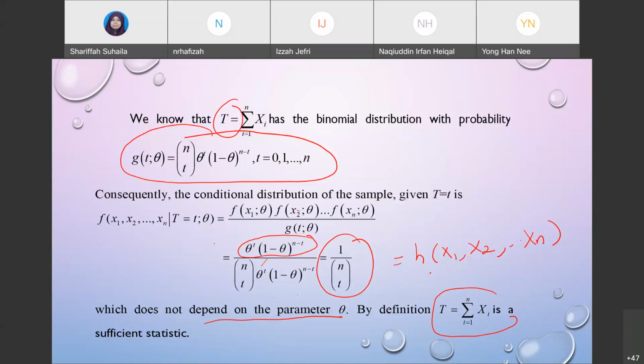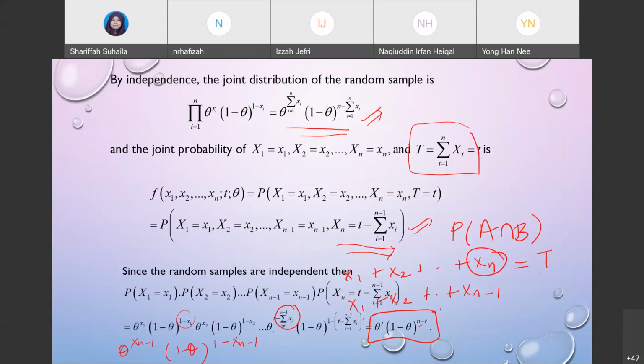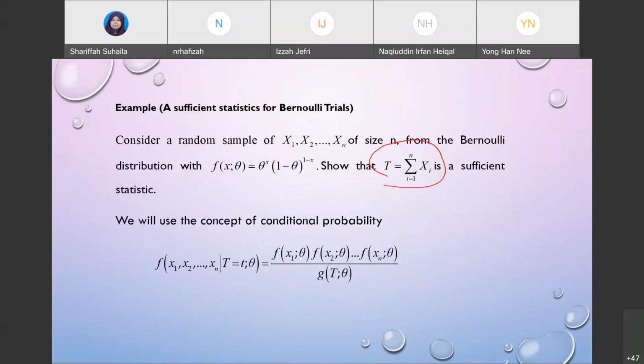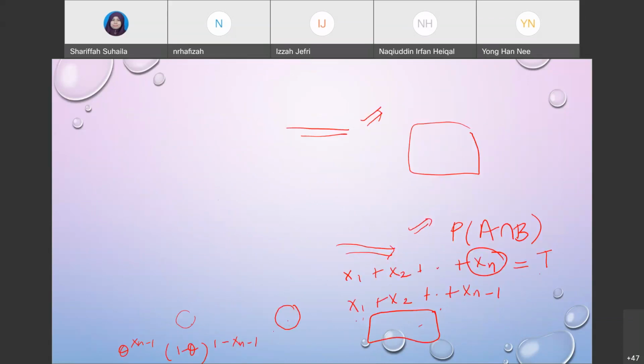So cancel this out, putting it in conditional form, and you get 1 over n choose t, which is your function h, which does not depend on the parameter theta. So by definition, T equals summation Xi is a sufficient statistic. That is the concept of sufficient statistic.